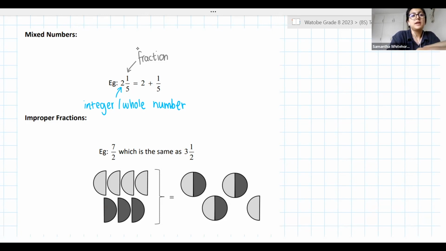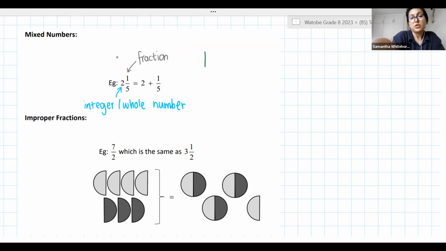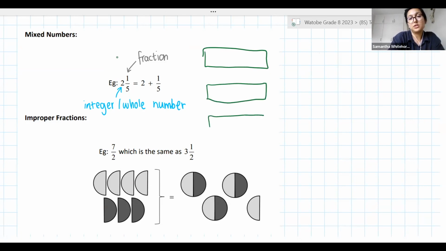If we think about this as a picture, my pictures are not going to be beautiful, but it's all right. We've got 2 wholes and 1/5. I'm choosing to work with rectangles just because it's a little bit easier, but you could draw any picture you wanted. I'm dividing these into 5 parts because my denominator tells me I'm working with 5 parts of the whole.